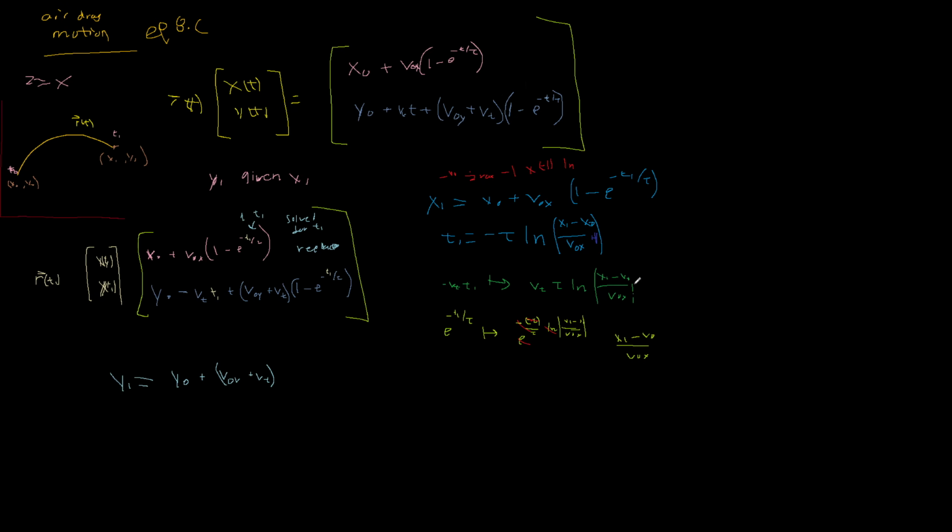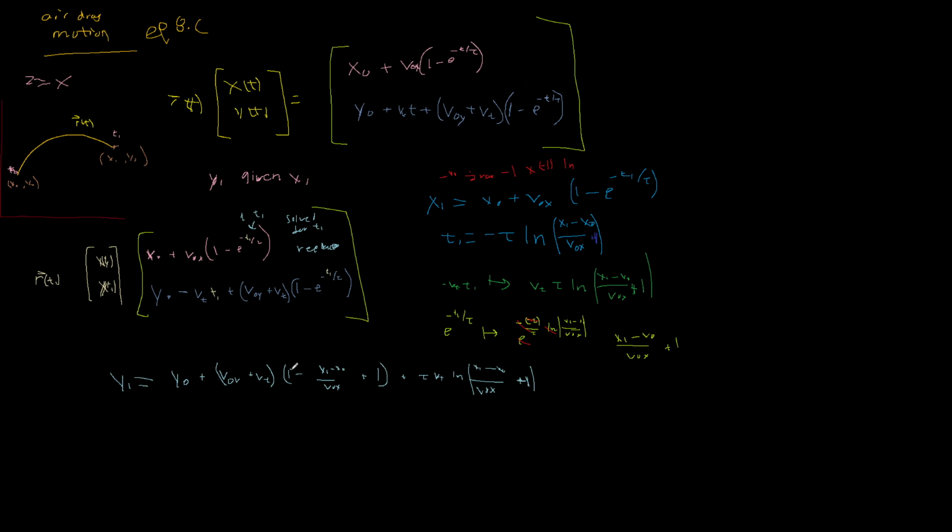So we got plus 1, and then v terminal, and this goes 1 minus x1 minus x0 over v0x, plus tau v terminal natural log of x1 minus x naught over v0x, right?